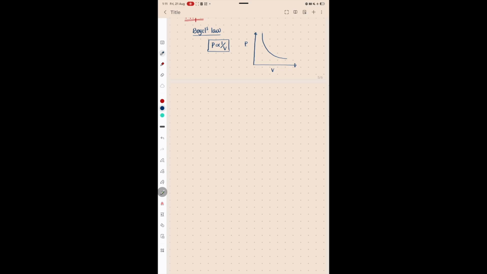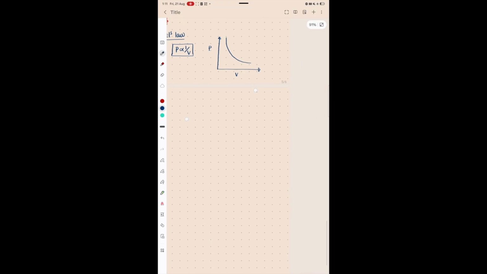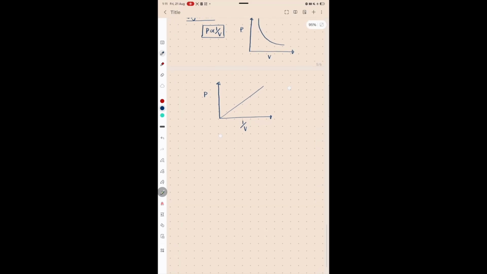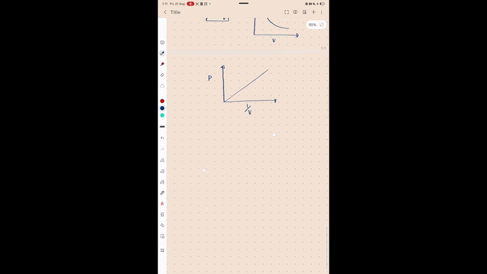As this is an inverse relationship. But if I plot P versus 1 by V, then it will be a straight line, right? Why? Because now this is a proportional relationship.